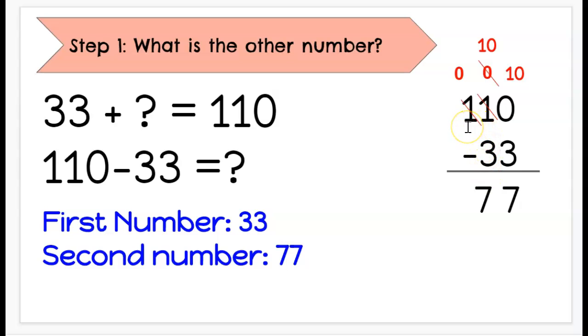I borrow from 1, giving me 10. Now my new equation is 10 minus 3, giving me 77. So I know that now my second number is 77. The first number was 33. When I add it to 77, it gives me 110.